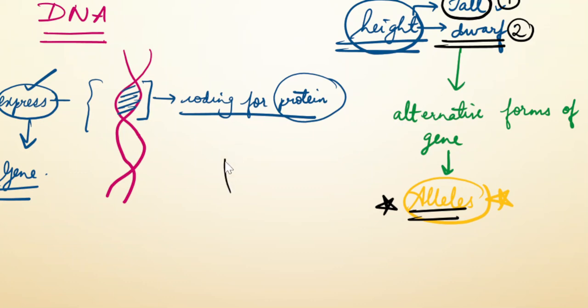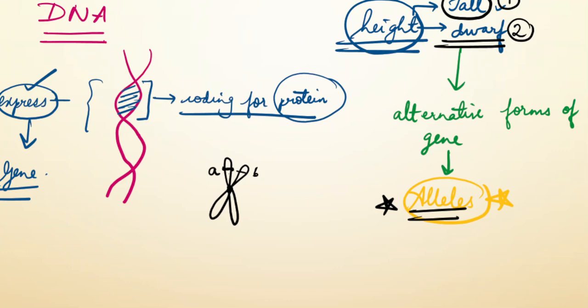So if I say there is a chromosome, there will be two alleles occupying it. Suppose this is gene number A and there is gene number B; each gene will have two or more forms of itself.